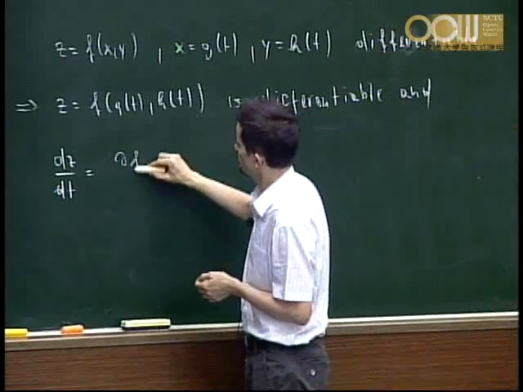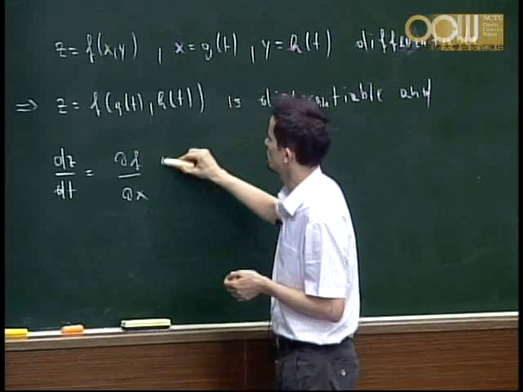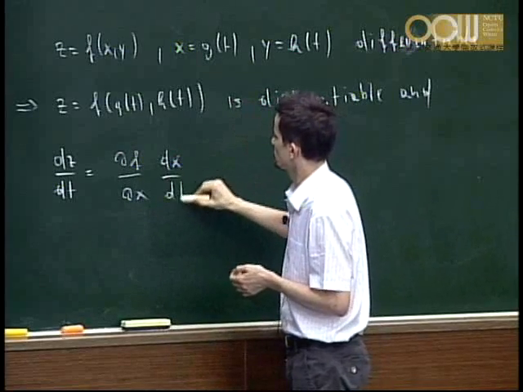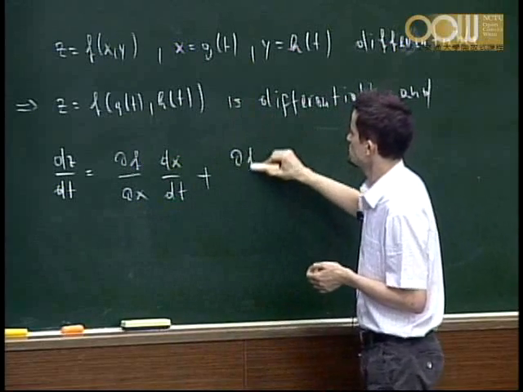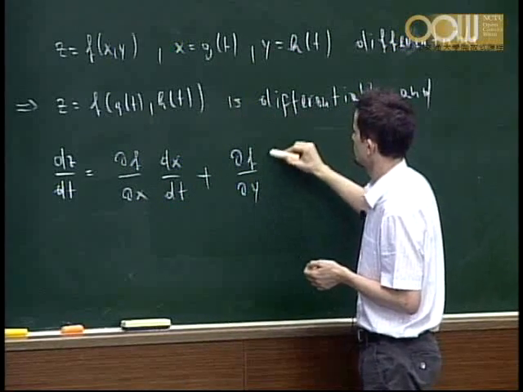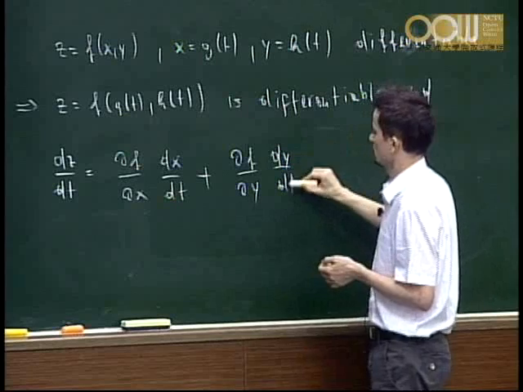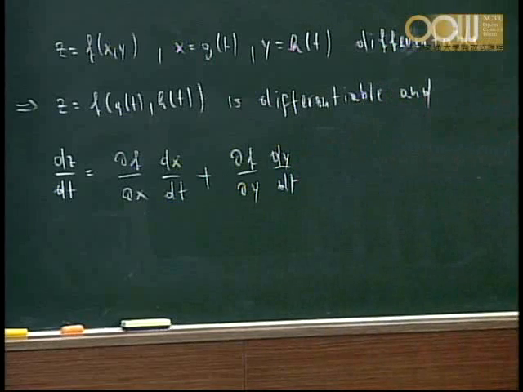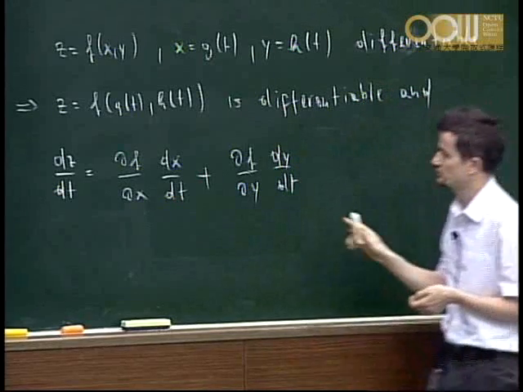You compute the partial derivative of f with respect to x times dx over dt, plus the partial derivative of f with respect to y times dy over dt. Okay, so this is the result.